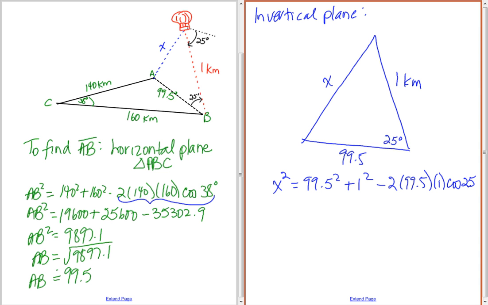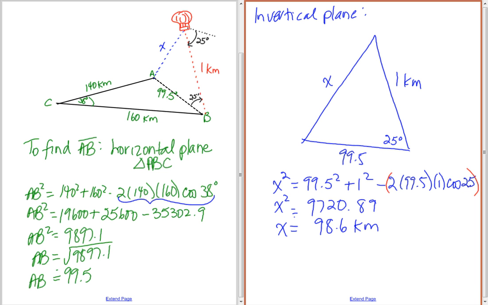Be careful how you type it in. If you want to do it all in one step, you might want to use brackets. I would get x squared equals 9720.89, which leaves me an approximate value for x of 98.6 kilometers.